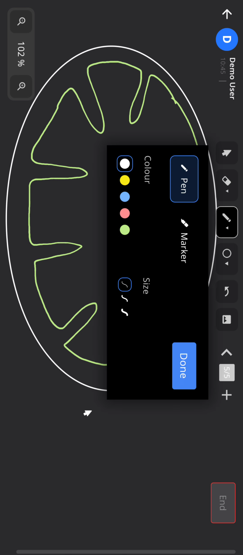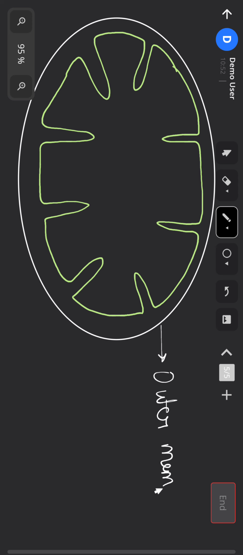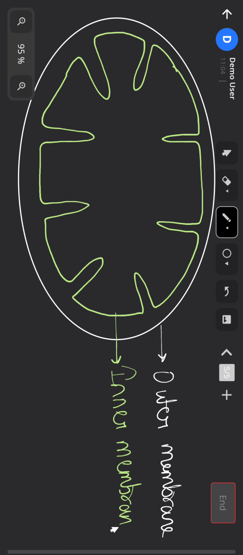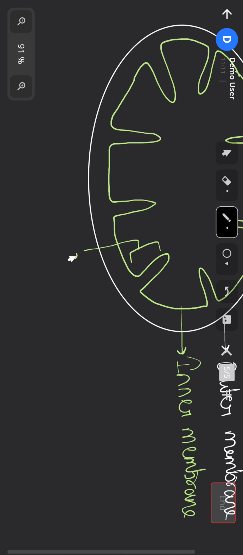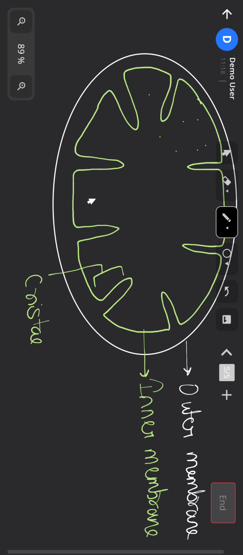The outer membrane, which is of eukaryotic origin, is regular in outline, and the inner membrane, which is bacterial in origin, has finger-like projections into the matrix, and these finger-like projections are called cristae. This is the matrix.